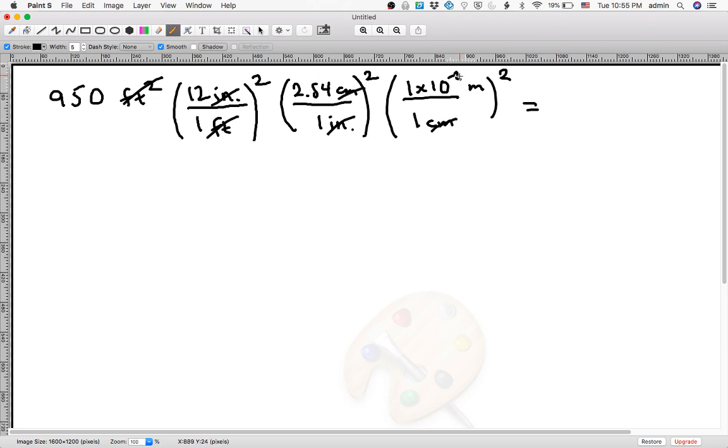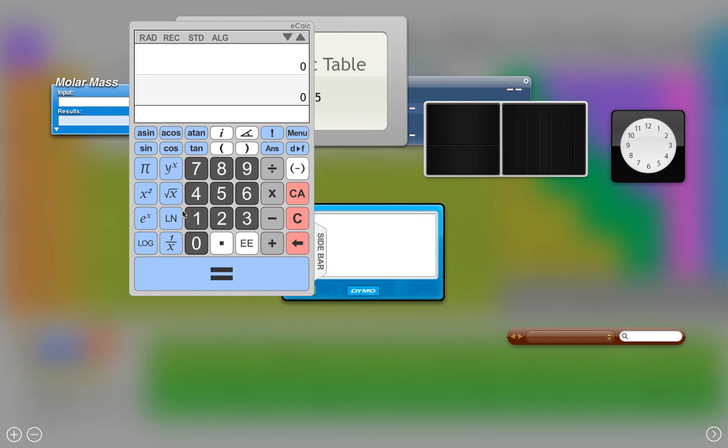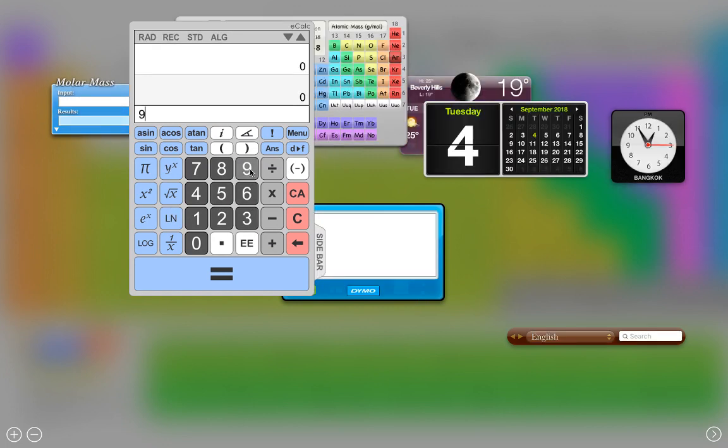So let's put this out on the old calculator. 950 times 12 squared times 2.54 squared times 1e minus 2 squared. So this is 950 times 12 squared times 2.54 squared times 1e negative 2.